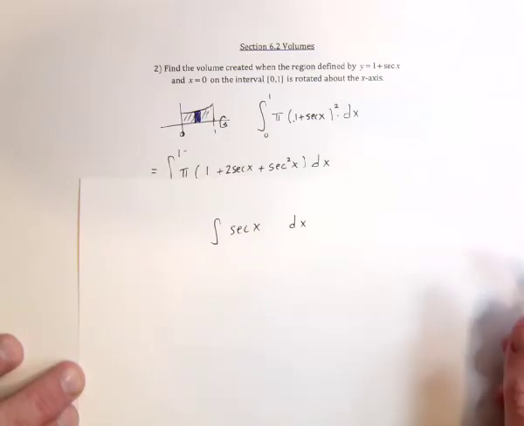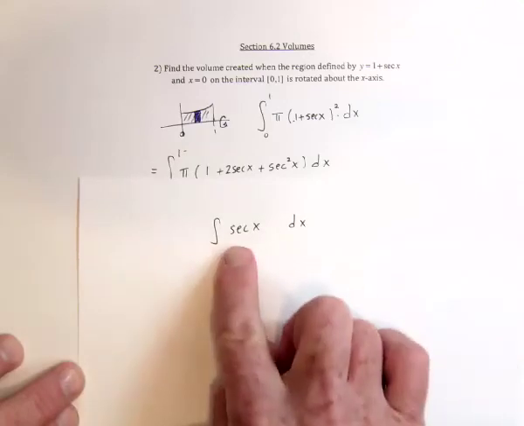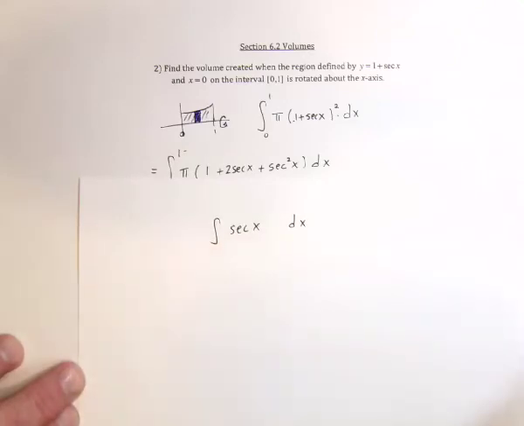If you go through thinking about, well, the derivative of tangent is secant squared and things like that, the derivative of secant is secant tangent, none of them are exactly going to be just a secant by itself. So we need to either get this somehow turned into something with secant squared or something with a secant and a tangent. And it turns out that we use secant and tangent.